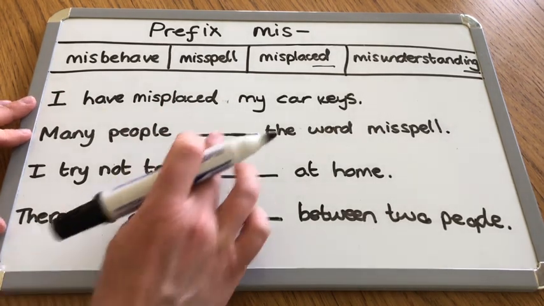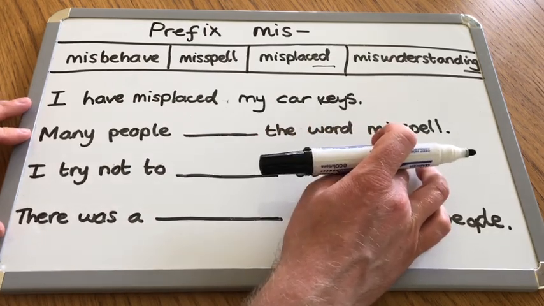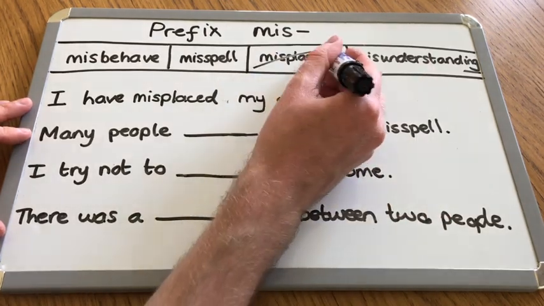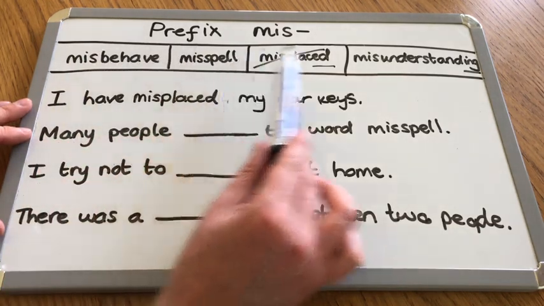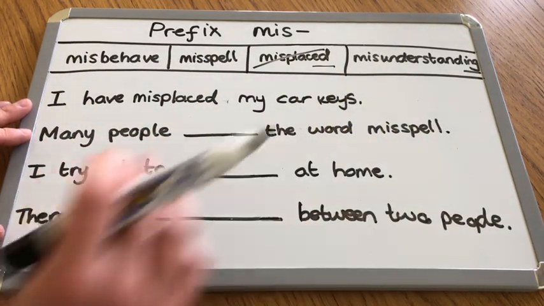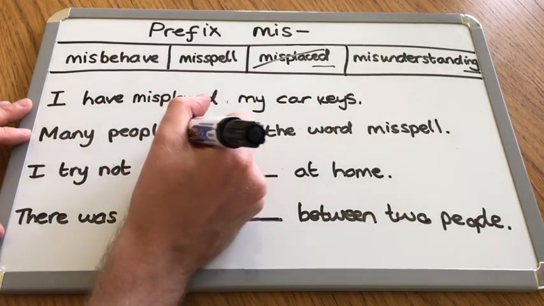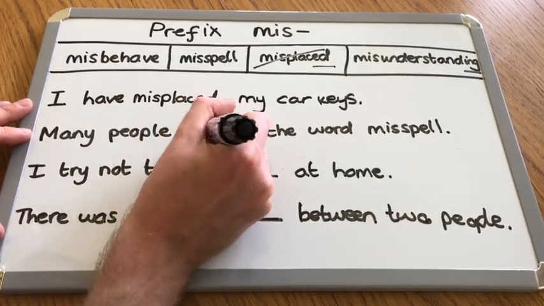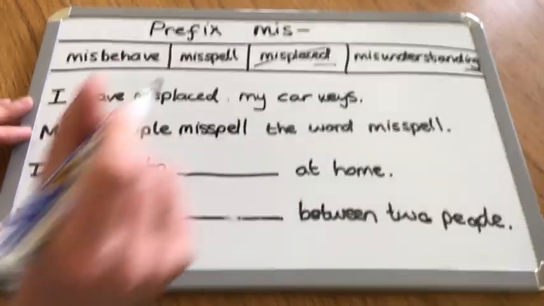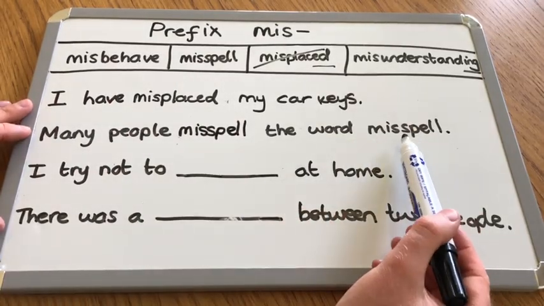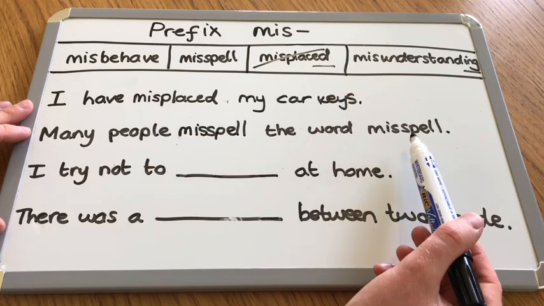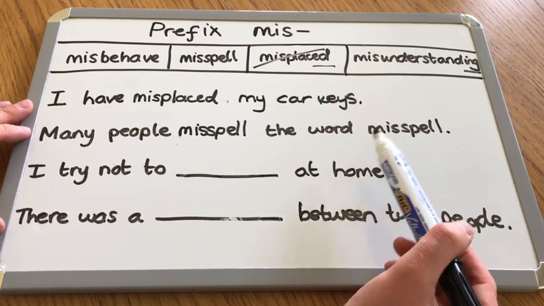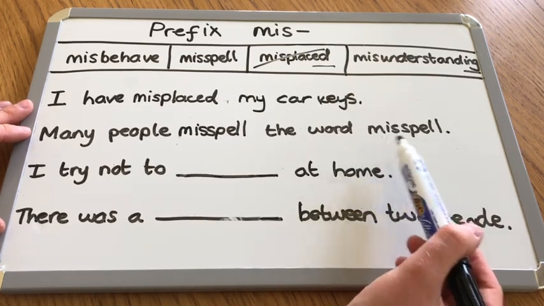Many people, something, the word misspell. Now we've already used misplaced. So it's either going to be misbehave, misspell, or misunderstanding. Of course, it's misspell. This one's actually true. Many people, when they write misspell, think they've spelled it incorrectly because the two S's. It almost looks wrong, but it is correct use of this prefix.